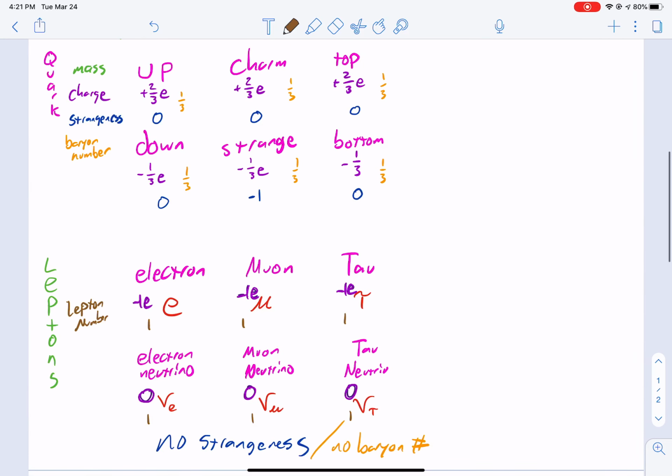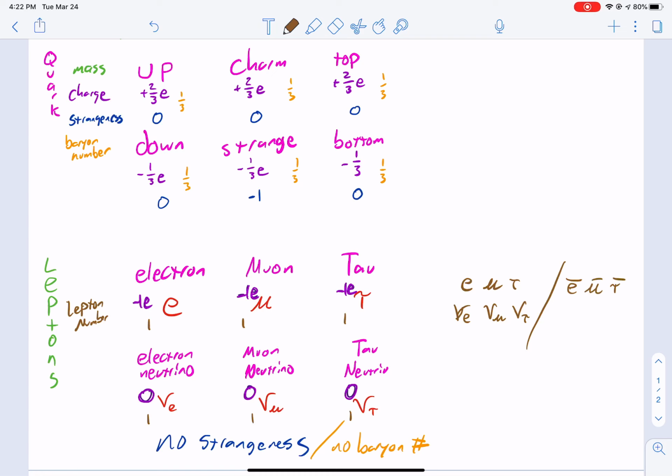So we got the quarks and the leptons. Now, just like the quarks, the leptons have antiparticles. So while you have the electron, the muon, the tau, the electron neutrino, the muon neutrino, the tau neutrino, we also have the anti-electron. By the way, the anti-electron is usually called a positron.